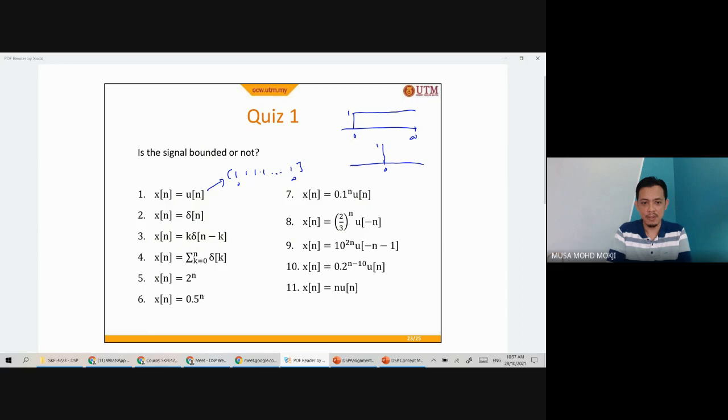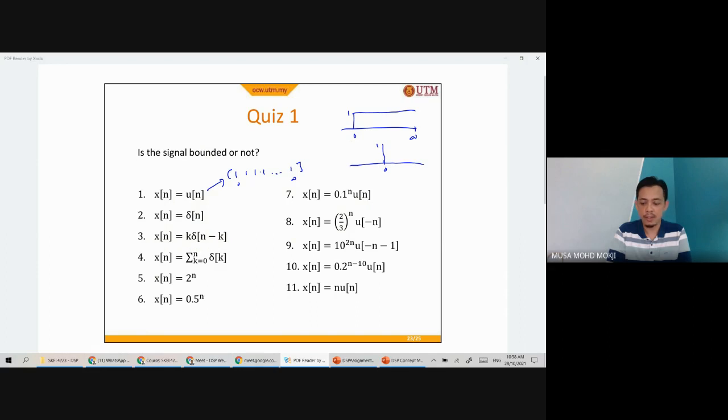So now, is it bounded or not bounded? There's a question, what is delta again? Step input, I think I already answered that. Step is a value of 1 from index 0 up to infinity, but impulse is just a delta.